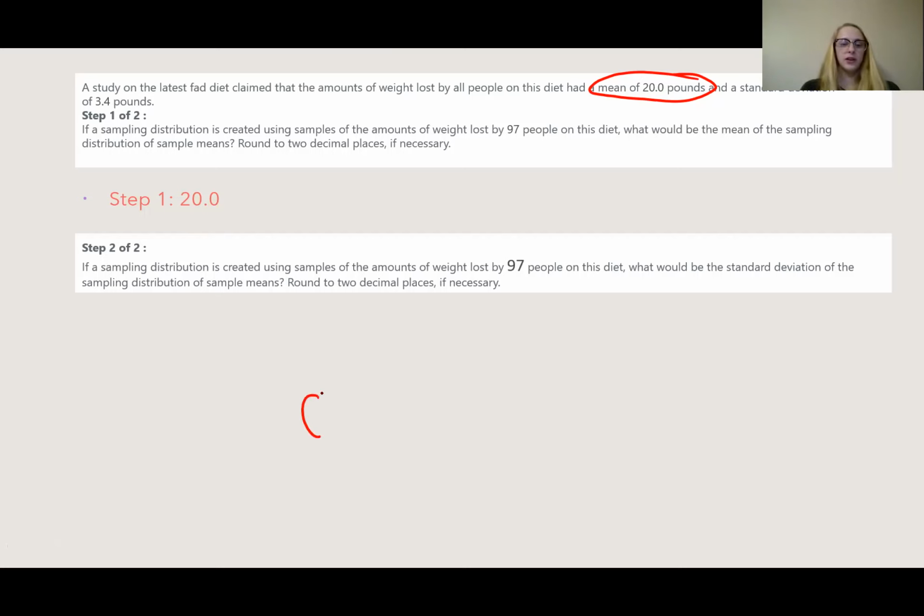To find the standard deviation of a sample, we use the standard deviation, denoted by the sigma, of the population over the square root of n, and n is our total and entire sample size.